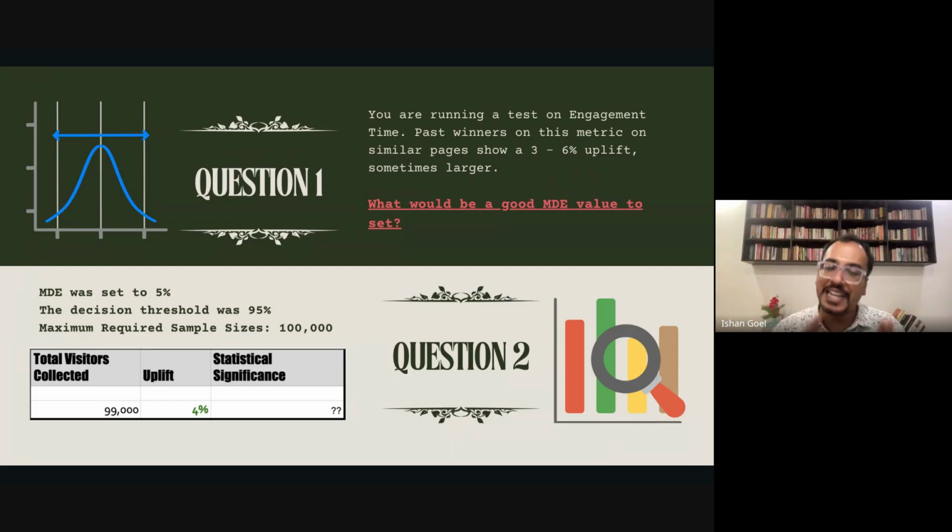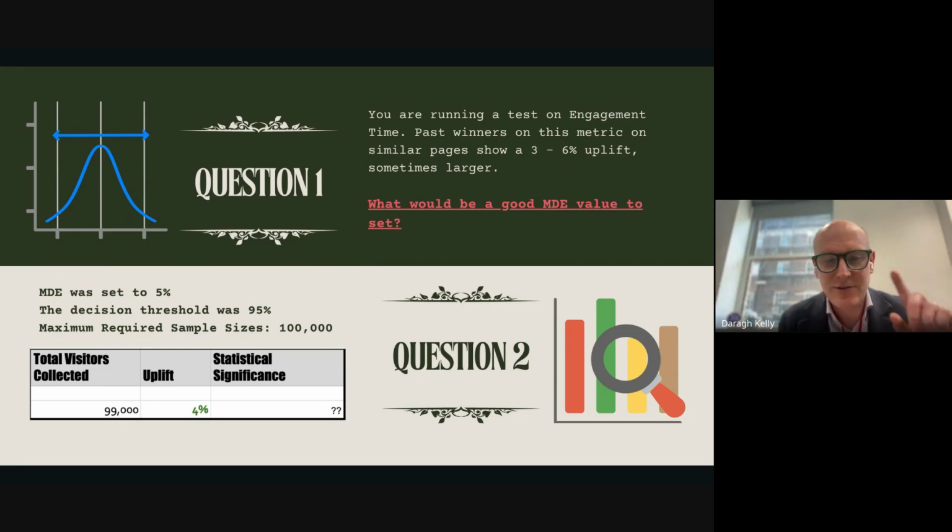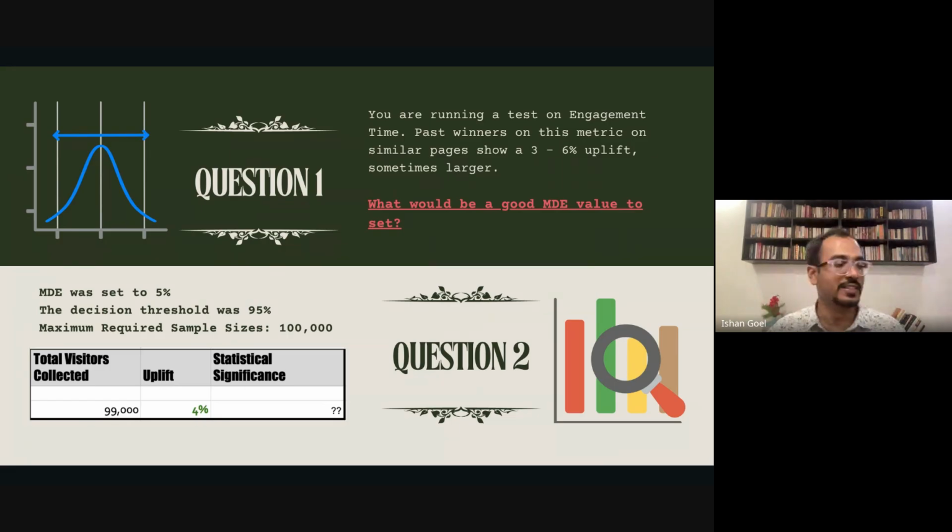So I definitely understand it is peeking, but how we have evolved the stats engine at VWO is that we control for peeking. So we correct the probabilities for peeking. So if you're using a sequential testing engine that is properly corrected, then you are allowed to peek. Does that make sense? Yeah, it does. Sorry, I hadn't joined the dots with sequential testing. Thank you. Interesting. Okay, great.